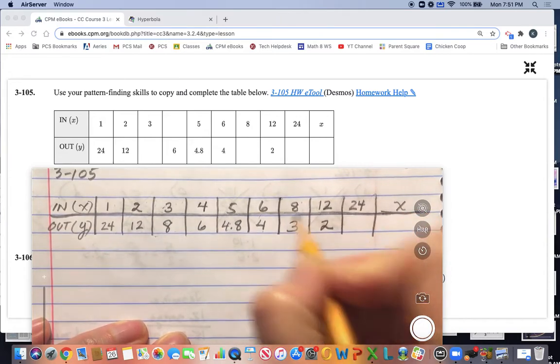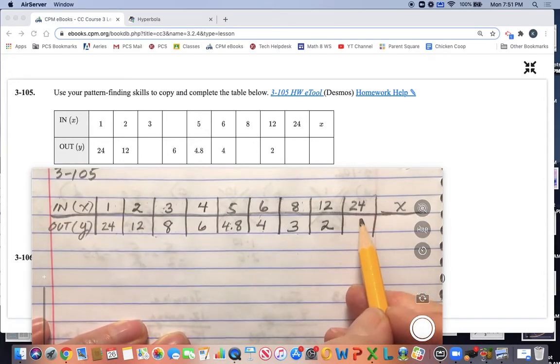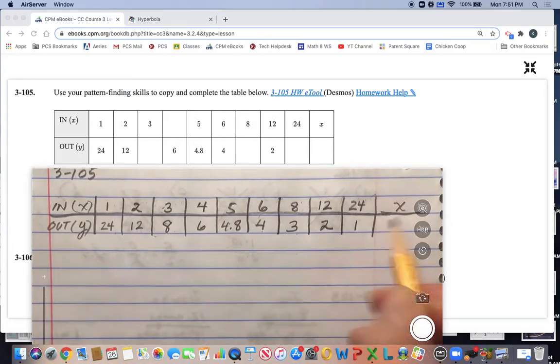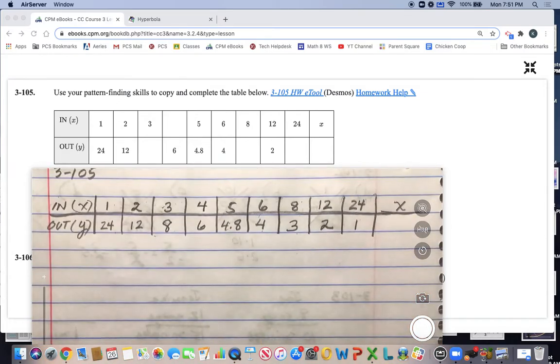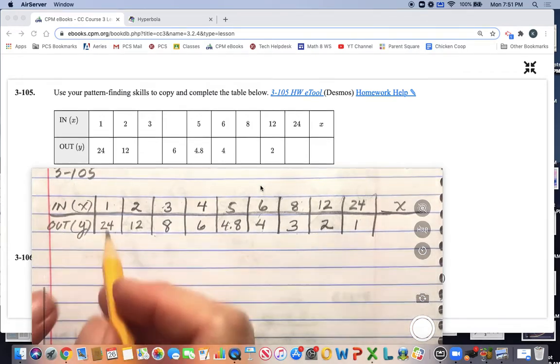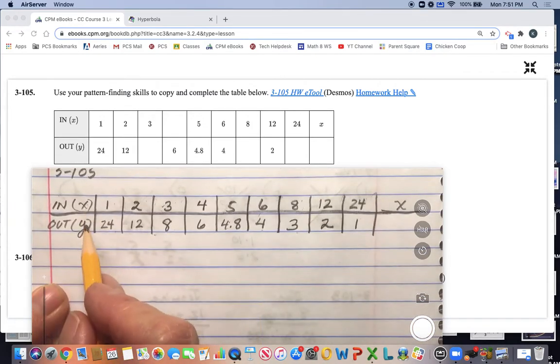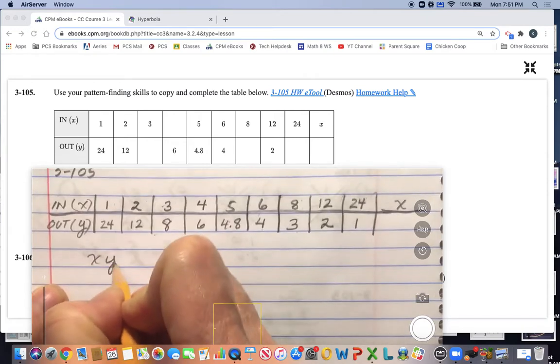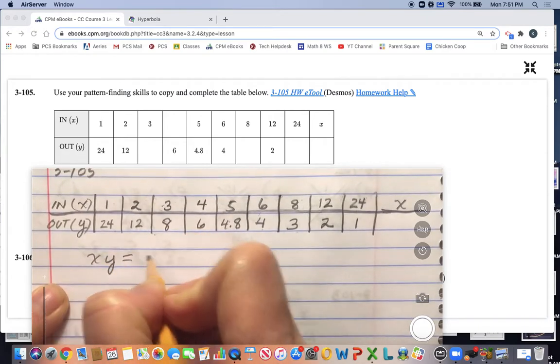So I needed the 3 here. And 24 times 1 is 24. Okay, so I was able to fill in my table by figuring out that X times Y had to equal 24.